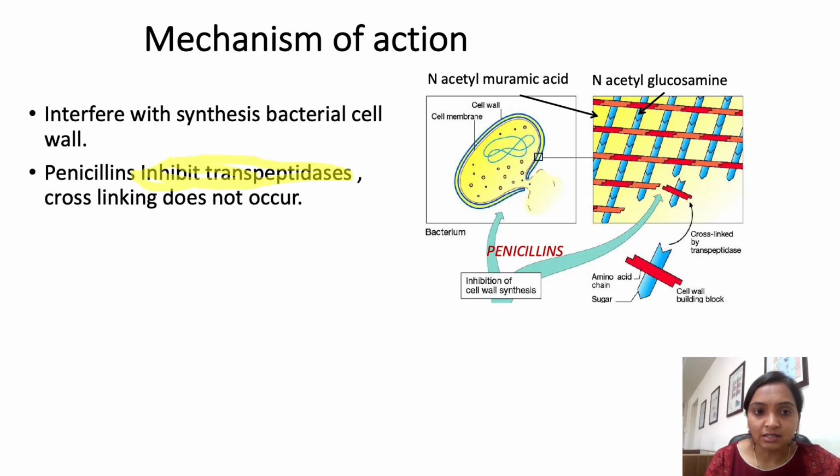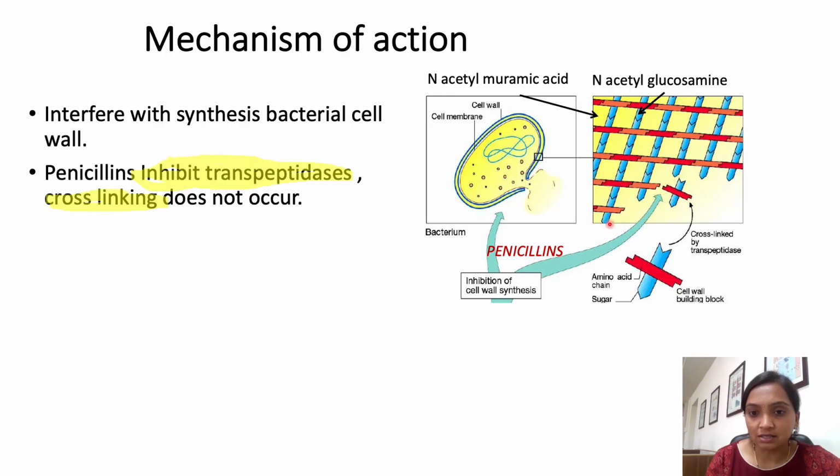Okay, to understand what transpeptidase is, and what this cross linking done by transpeptidase is, we will just look into this picture. Basically, the bacterial cell wall is made up of two sugars, that is N-acetyl muramic acid and N-acetyl glucosamine. See, like this a straight chain is formed by N-acetyl muramic acid and N-acetyl glucosamine.